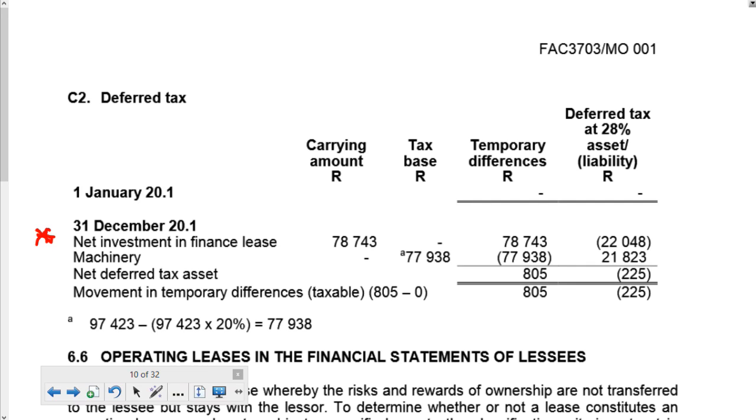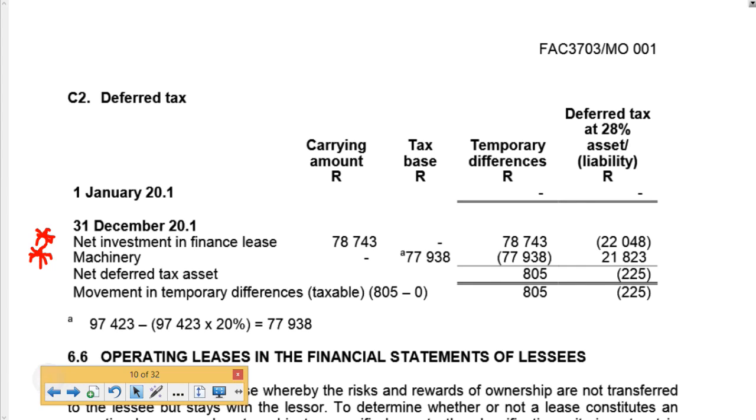SARS says, no, you don't. And for SARS, he has a machine, which in our books we're saying, no, we don't, isn't it? Basically, when we have a manufacturer, dealer, lessor, in SARS's books, that inventory becomes a capital asset, a machine. So that's manufacturer, dealer, lessors.